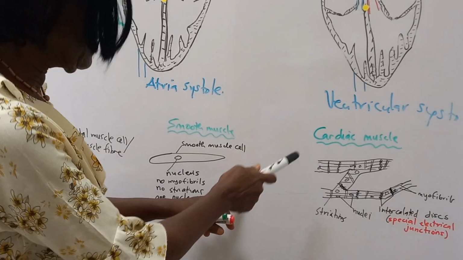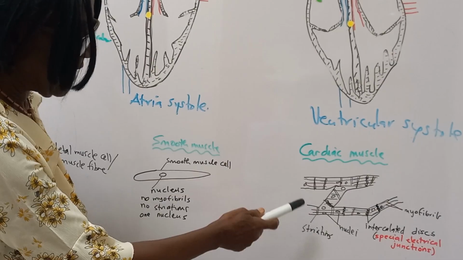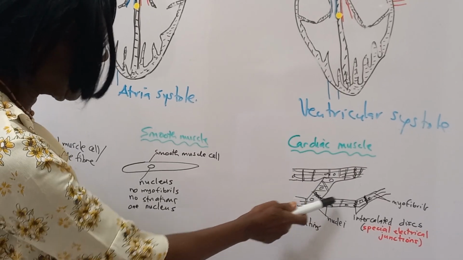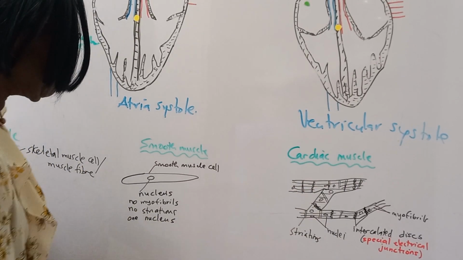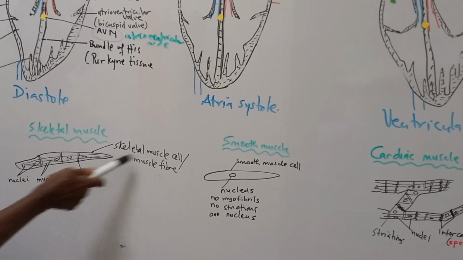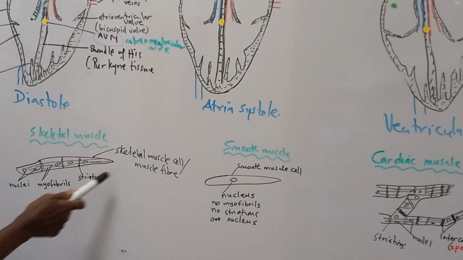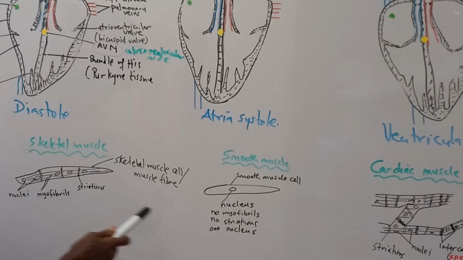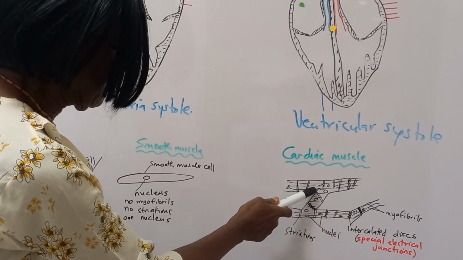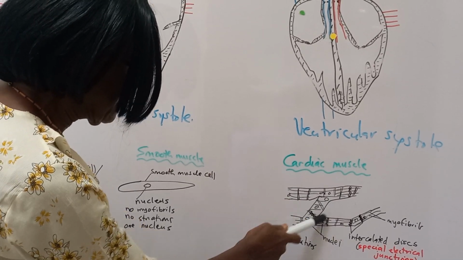Then cardiac muscle, the muscle of the heart, is made up of cylindrical, short, branching fibers. So this is a fiber. A fiber is a muscle cell, like a skeletal muscle cell is known as a muscle fiber because it has these striations. So you have cardiac muscle, short, cylindrical fibers, but they are interconnected.